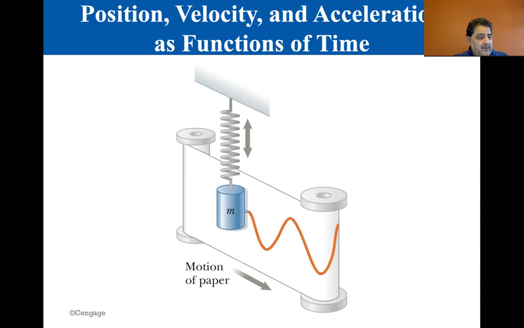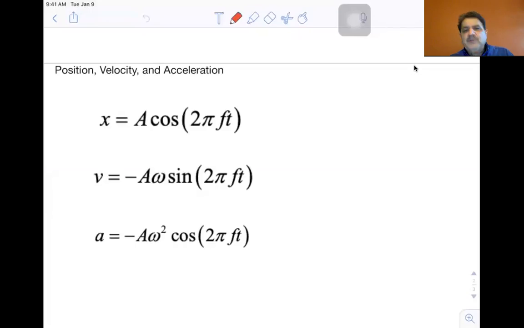Oops, wrong one. I have auxiliary notes here. Let's stop this share. And this may not be useful to some of you, but anybody that knows calculus, this may help them instead of going through that fancy derivation that they did, which works. These are your three equations for position, velocity, and acceleration.